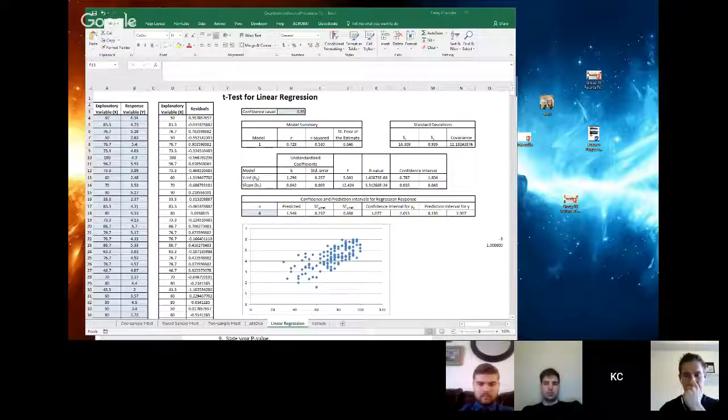So what did you get for the y-intercept? The y-intercept is 1.296. Is that what everybody else shows?